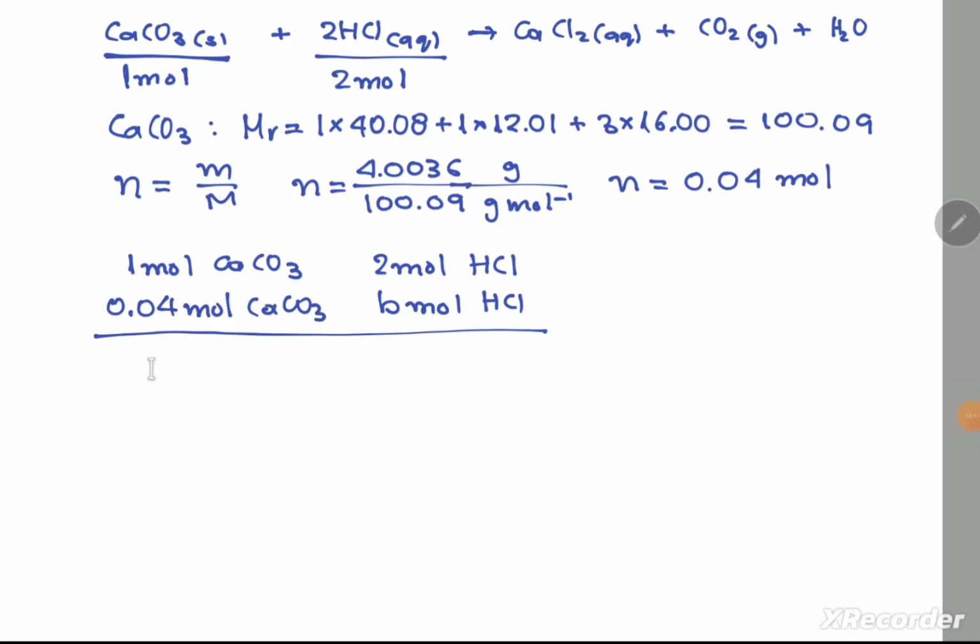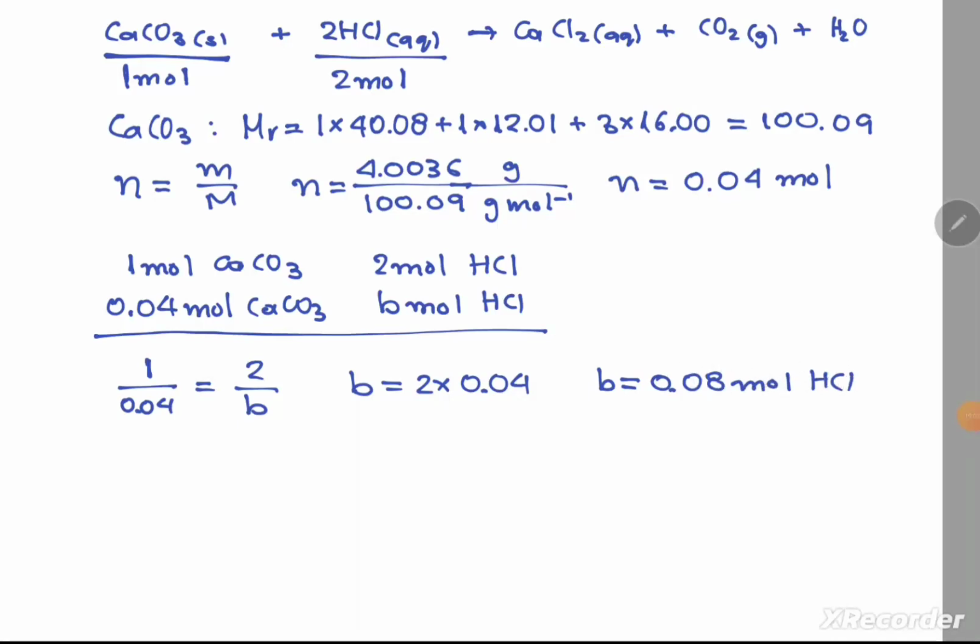So we have the ratio, and we find that 0.08 mole of hydrochloric acid is required.